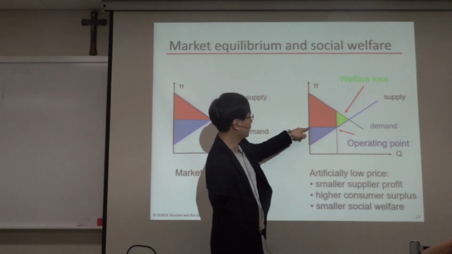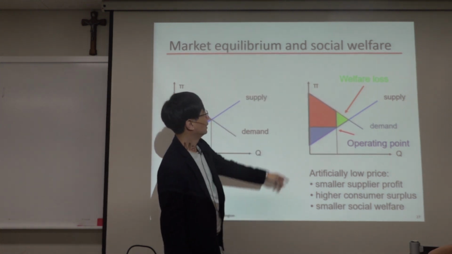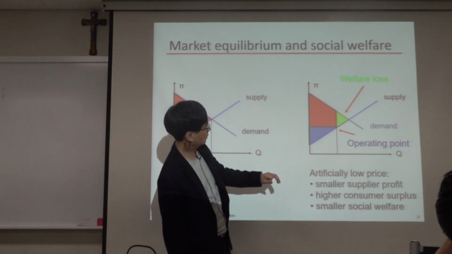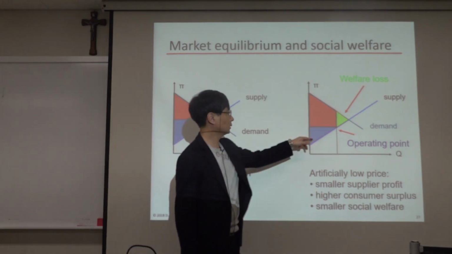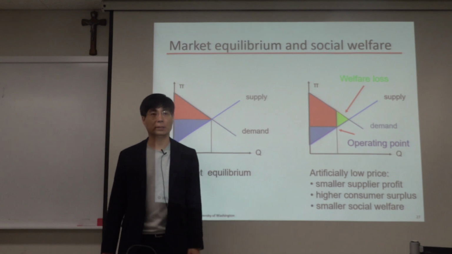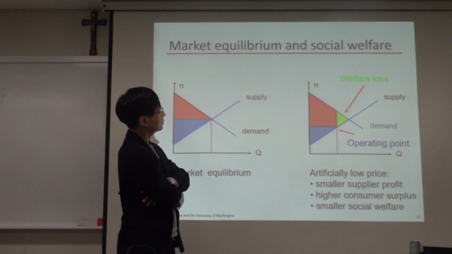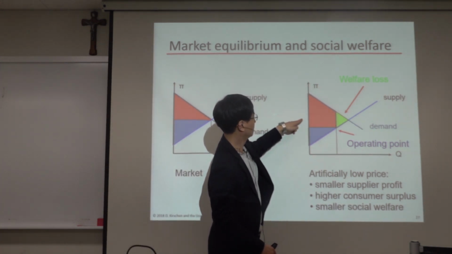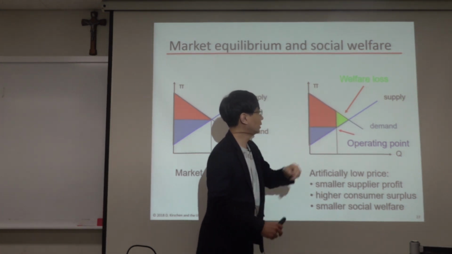When the price changes from here to here, obviously the profit increases, but what about the consumer's surplus? Of course, the sum of these two is maximized, but what about the consumer's surplus here? If the price is here, then this area is greater than that. That's not true.